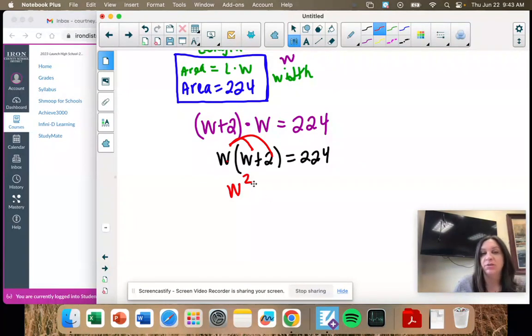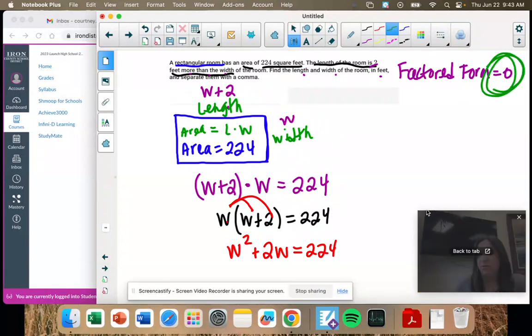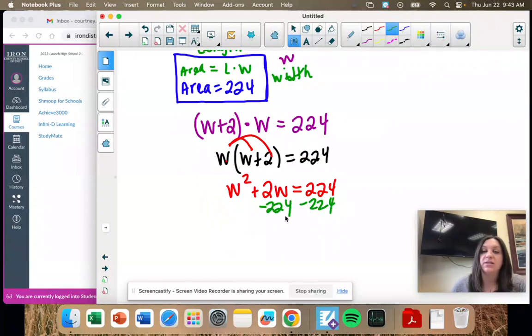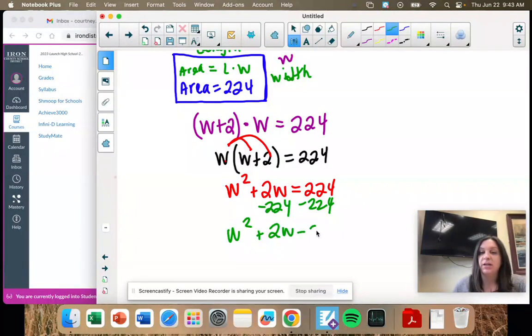W times 2 is 2W, and it equals 224. And like I just said, we need it to equal 0. So we're actually going to minus the 224 on both sides. So now we have W squared plus 2W minus 224 equals 0.